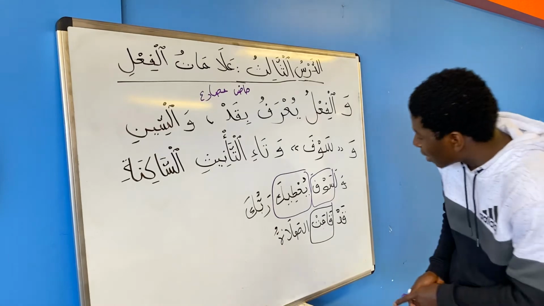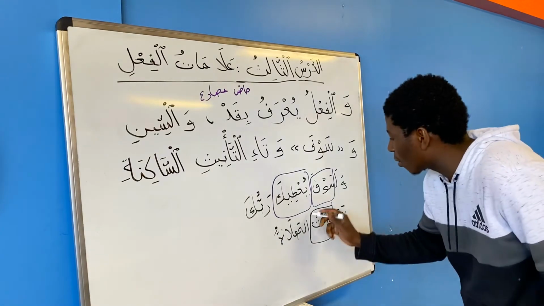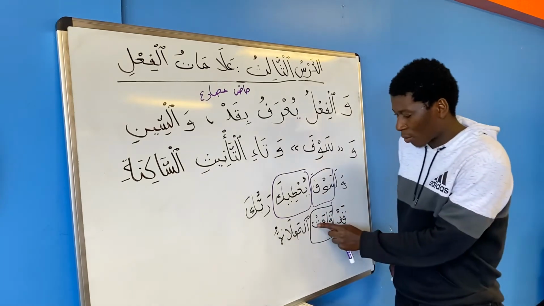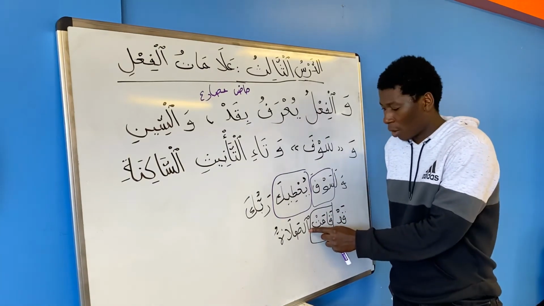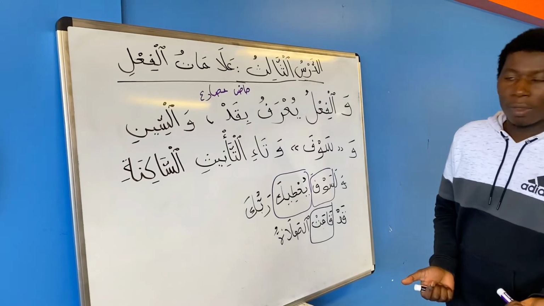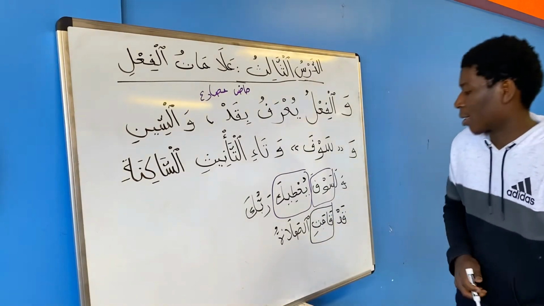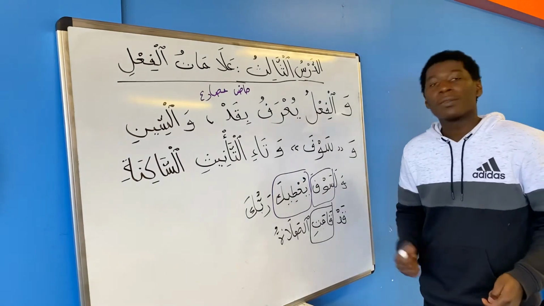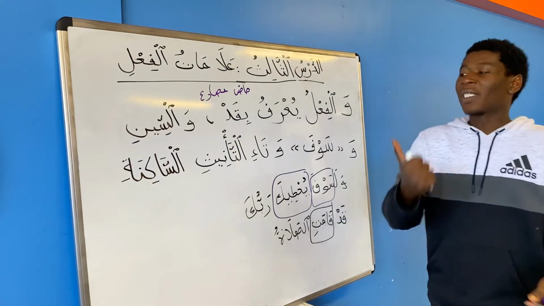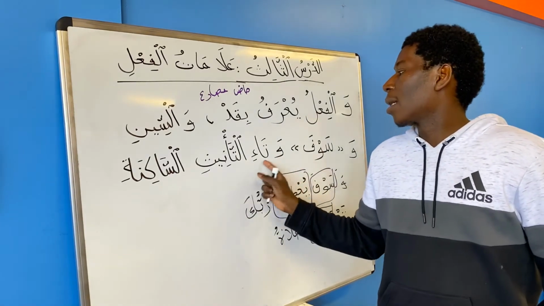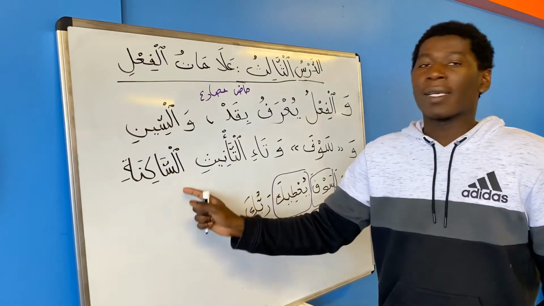But since you have two sakinain, what they call iltiqa as-sakinain, this has sukun and this also has sukun, and in Arabic it's not possible. So that's why they had the kasra on the ta. Which brings me to the last alama, ta'u at-ta'nith as-sakinah.